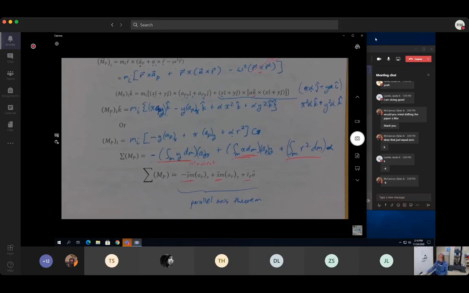So we've got where our center of mass is from the point that we're summing, multiplied by the mass and the acceleration of the location we're summing at, and then moment of inertia about that point and alpha.